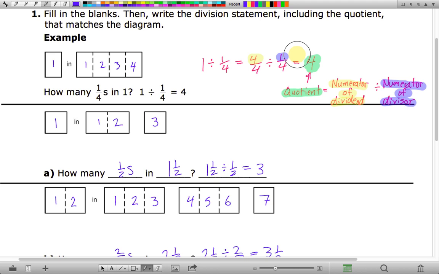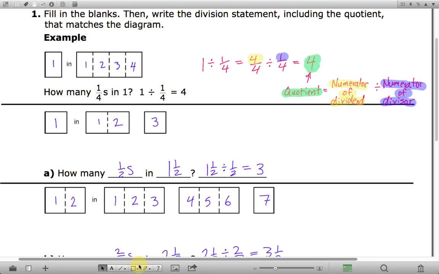So that's this right here. And obviously you can see that 4 divided by 1 is equal to 4. You're only able to do this when you have a common denominator between your dividend and your divisor. If they have the same denominator, then you can very easily work out the numerator of the dividend divided by the numerator of the divisor to get your quotient, or the answer to the division question.